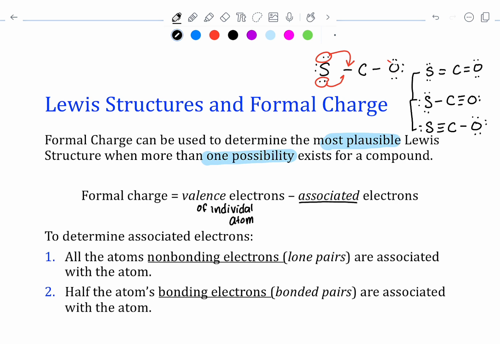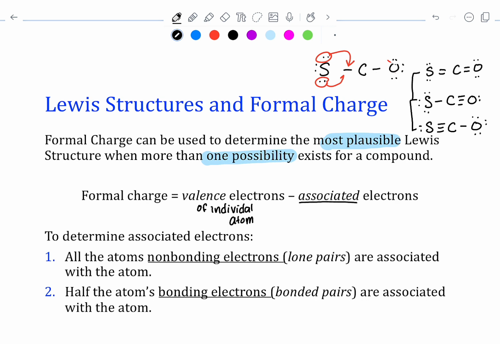Now we've talked about valence electrons before, and we know how to find those from our periodic table and our group numbers. But associated electrons are those that are wrapped up in either non-bonding electrons or bonding electrons.